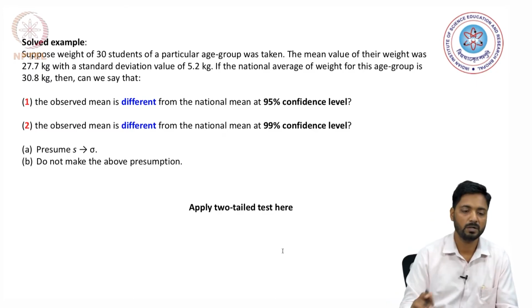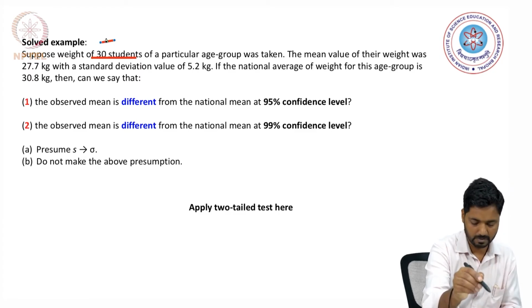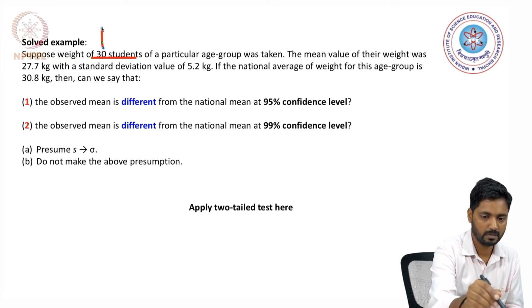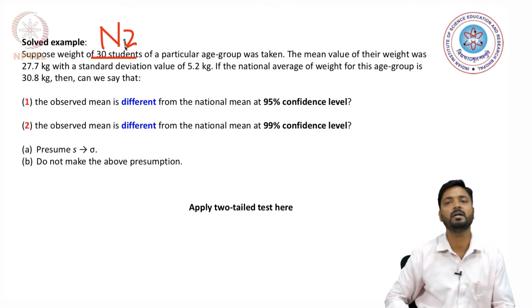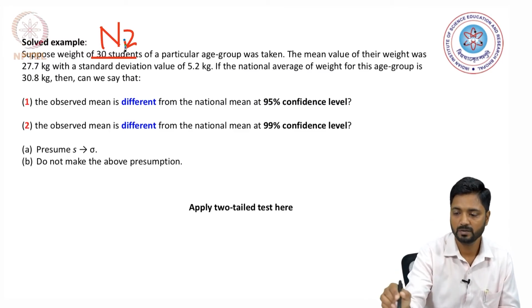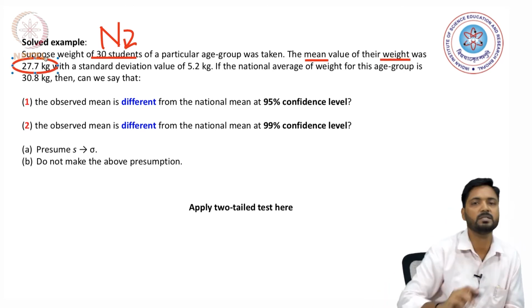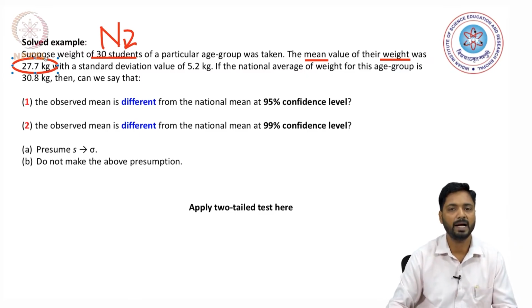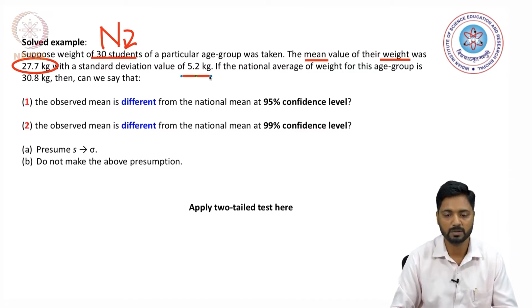Suppose we are talking about 30 students, so our n value is 30, and these students have a mean weight of 27.7 kilograms, and the standard deviation for this sample is 5.2 kilograms.